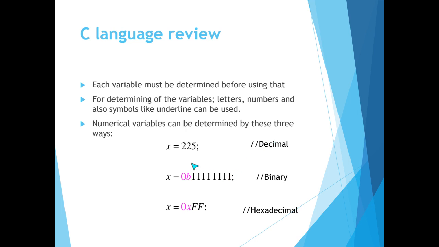For example, I used X for naming my variable. For a decimal number, as you see, I only wrote X is equal to 225, for example, or any other number. As you see, I used the double slash, and after that I wrote decimal.